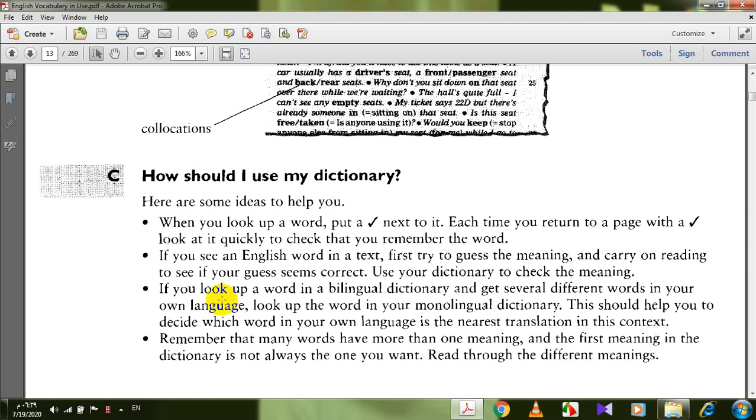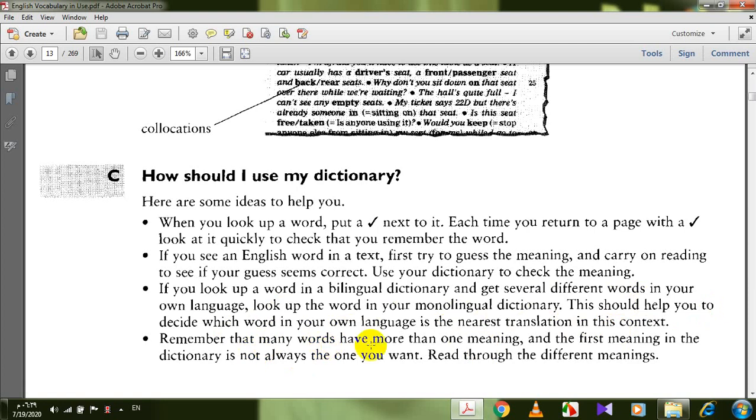It might be the second, the third, the last meaning in the list. This should help you to decide which word in your own language is the nearest translation in this context.